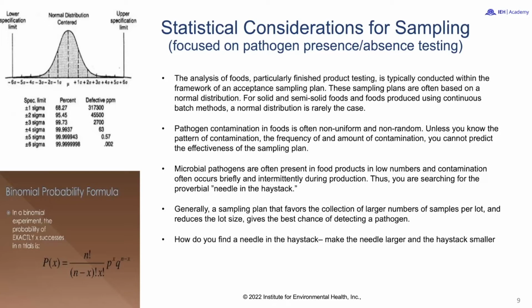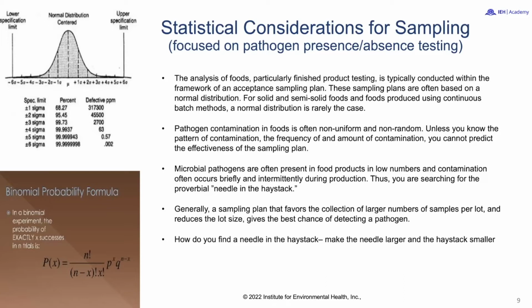I've certainly seen uniform contamination, but most of what I see is contamination that occurs infrequently, intermittently, and that when you look at the entire lot, only a very small percentage of this product is actually contaminated. Maybe, and I think most commonly, less than 1%. And that becomes challenging from the standpoint of statistical sampling plans.